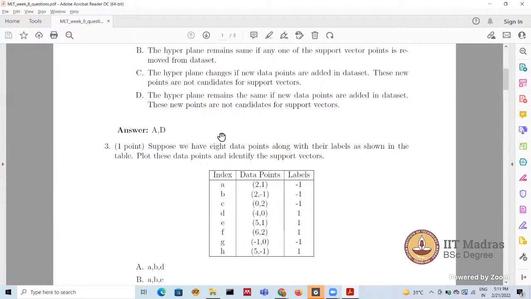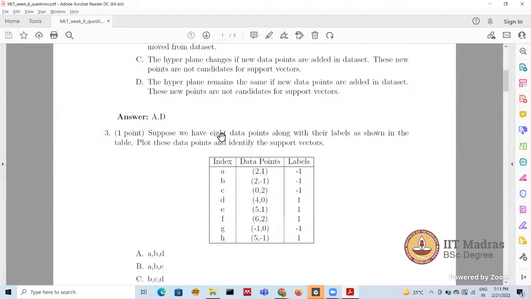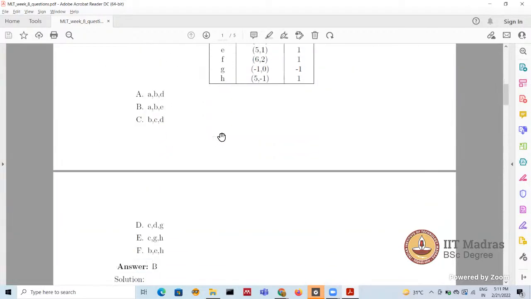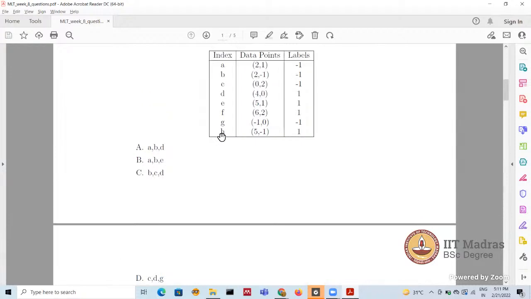I think it will be A, B, D. A, B, E? What is 5, 1? That is 4, 0 also, right?